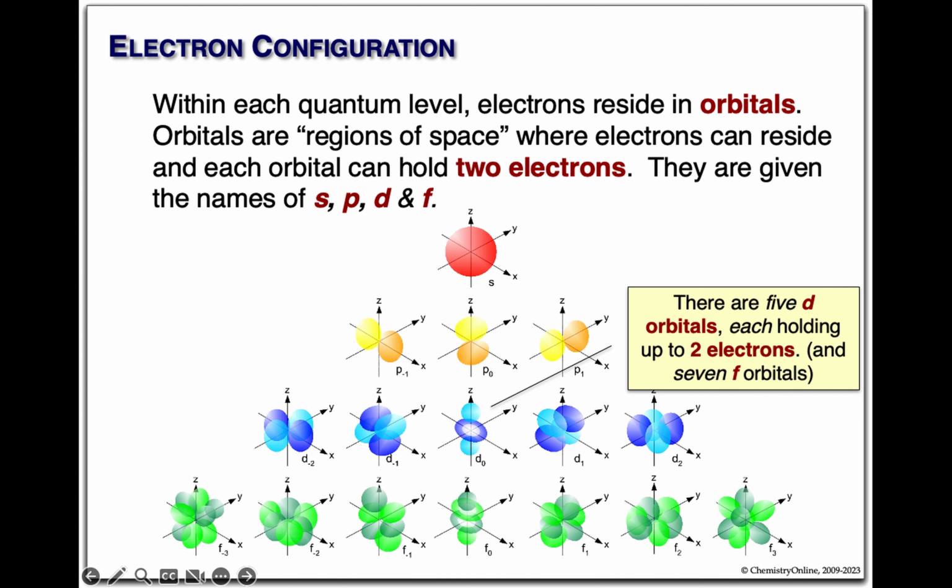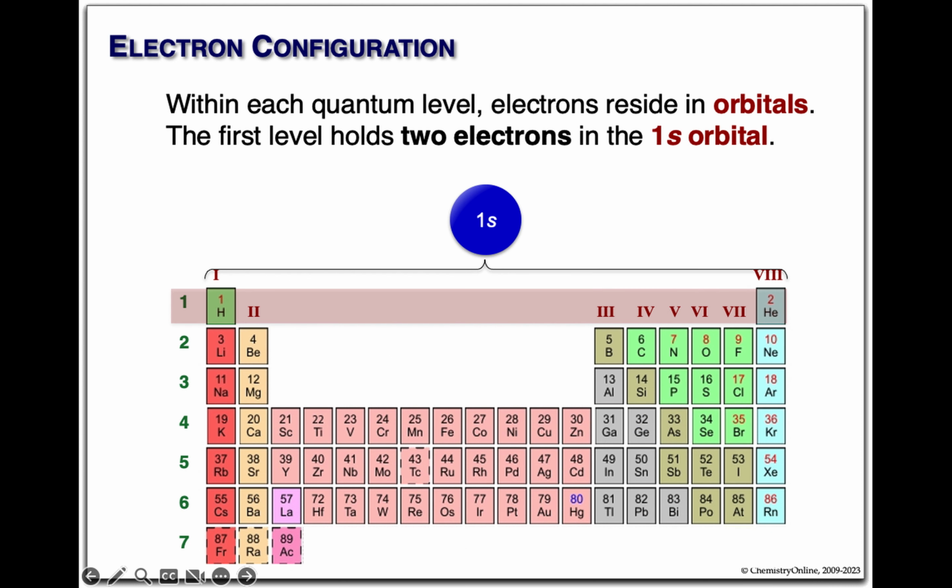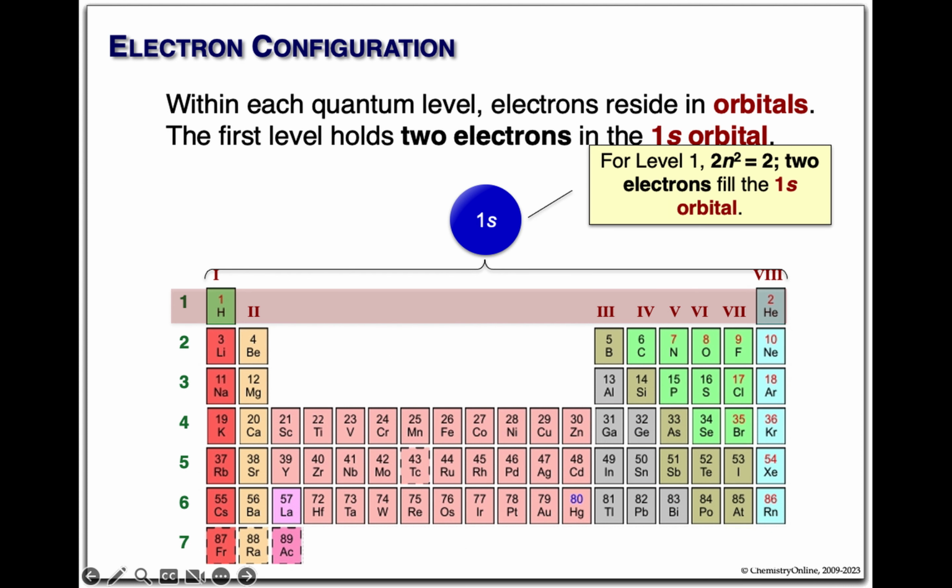So let's go back to the periodic table here. In our periodic table, in the first period, we have 2 elements, hydrogen and helium. The electrons here go in the lowest energy, which is the 1s orbital. 1 electron goes here, the second one goes here.